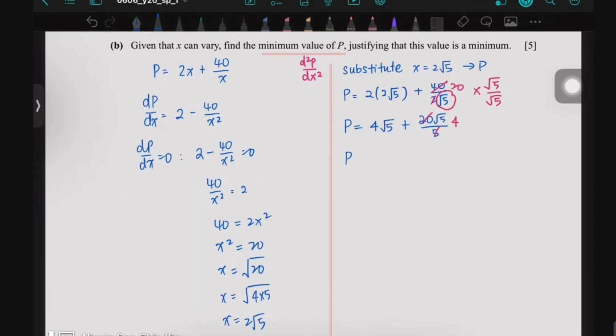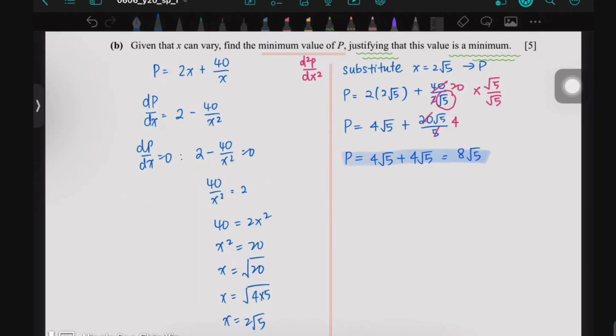So my P is 4 root 5 plus 4 root 5, which equals 8 root 5. This is my minimum value for P, but I need to prove it. Part 1 is already done, because in part 2, it is justifying the value is a minimum. So for the second part, I need to justify by doing the second derivative.